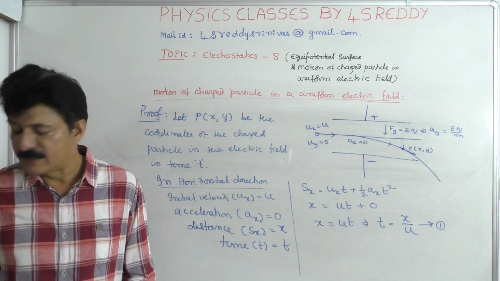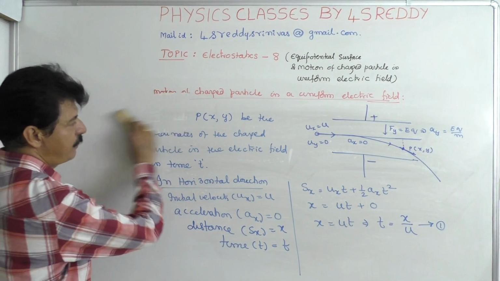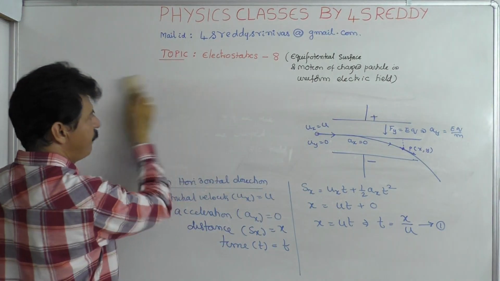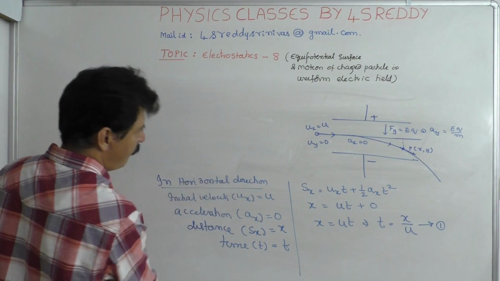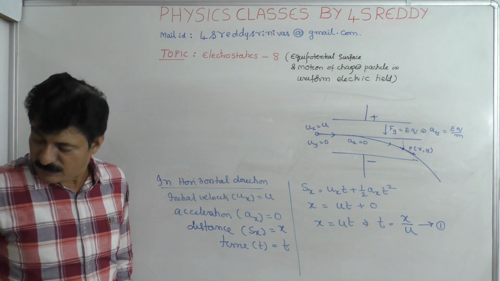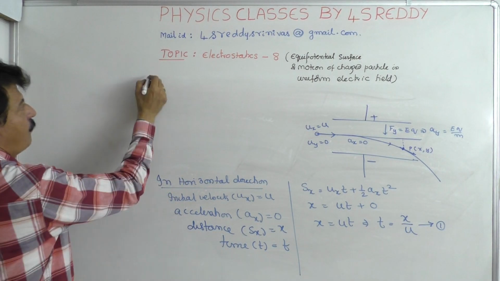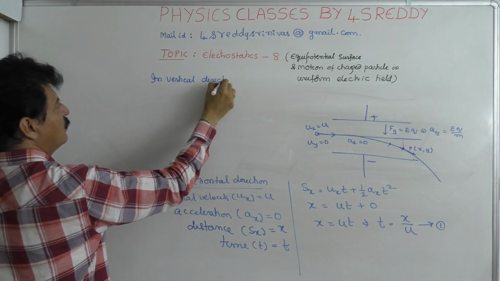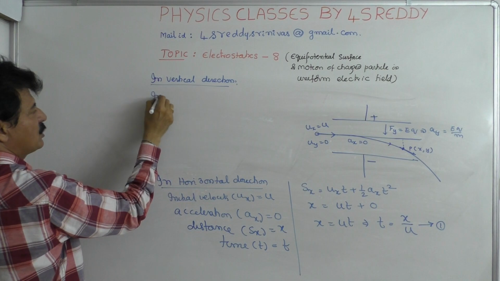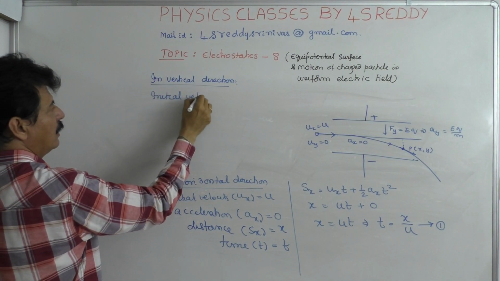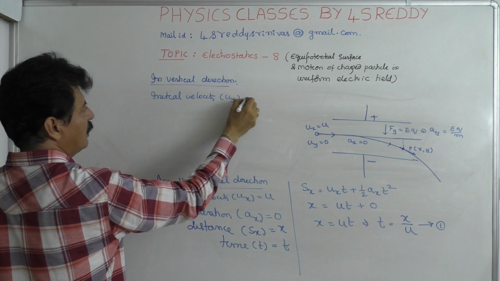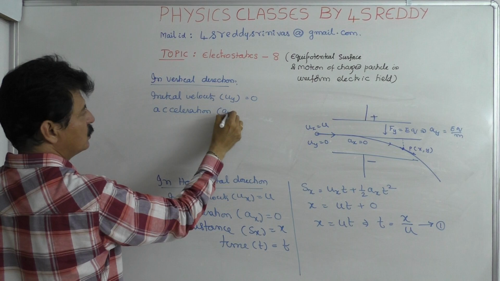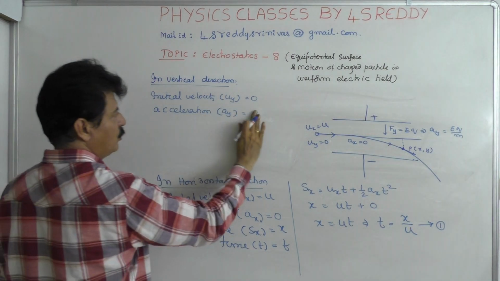And once you have this value, come to the other one, the vertical direction. In the vertical direction, the initial velocity uy is equal to 0, but the acceleration ay is equal to Eq by m.